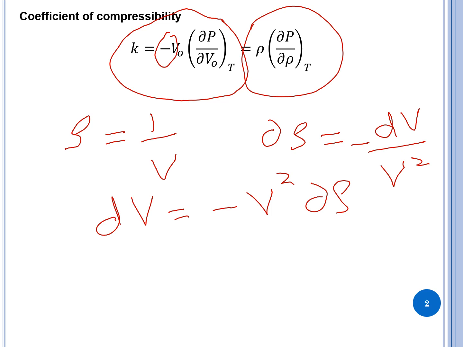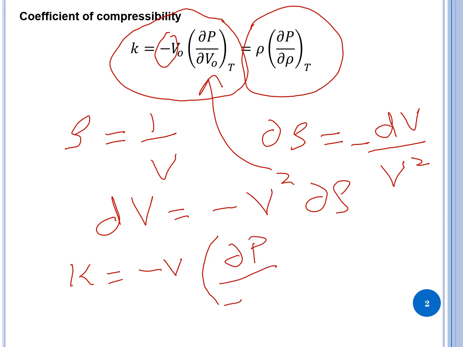Now you substitute that into this expression, the K becomes negative V dP over negative V squared d rho.